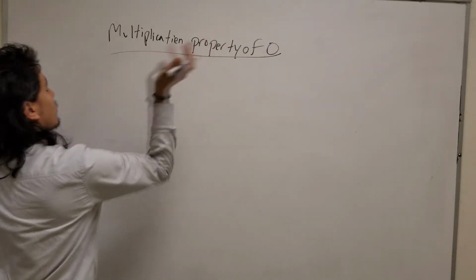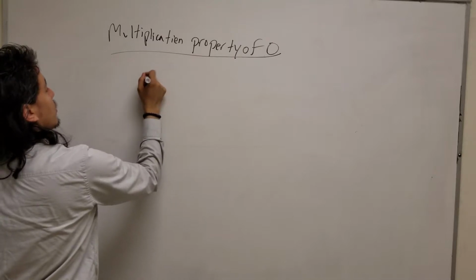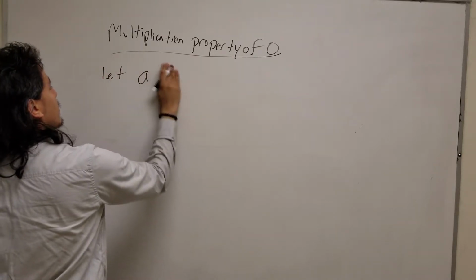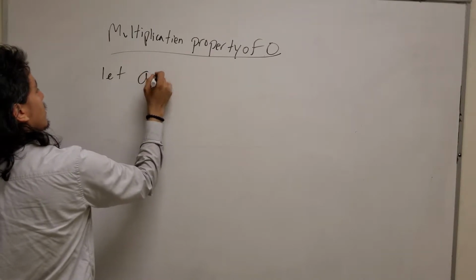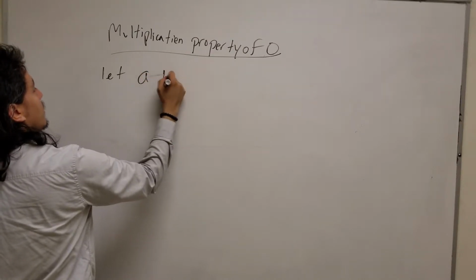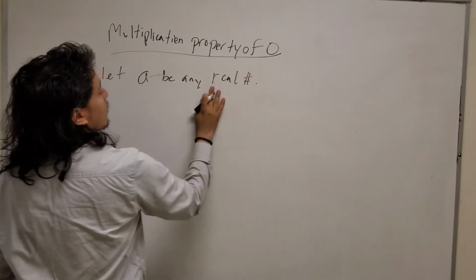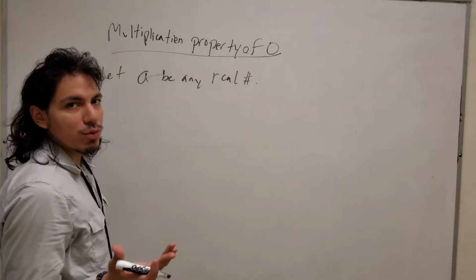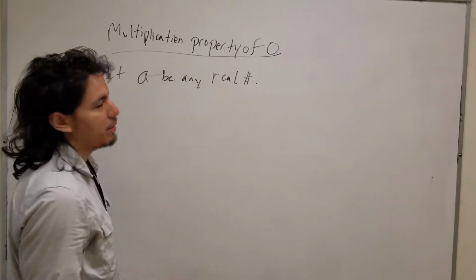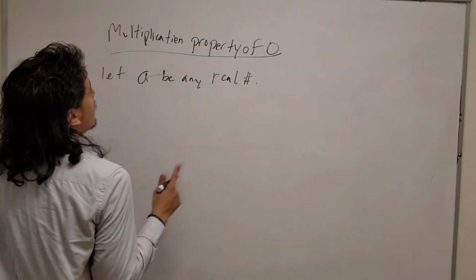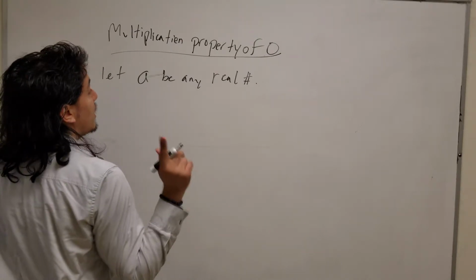We'll do 0 and then 1 next. Let A be any real number. When I say real number, it's just a fancy way of saying any number. Any number that's real.